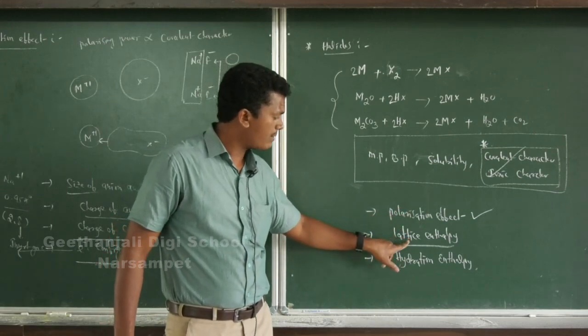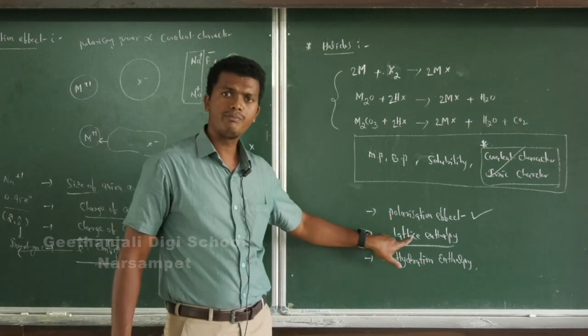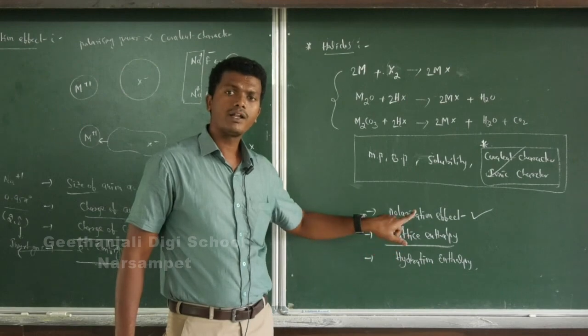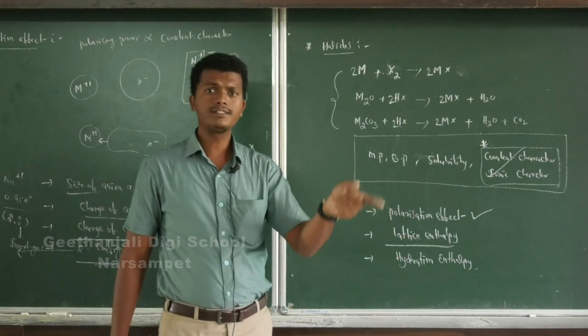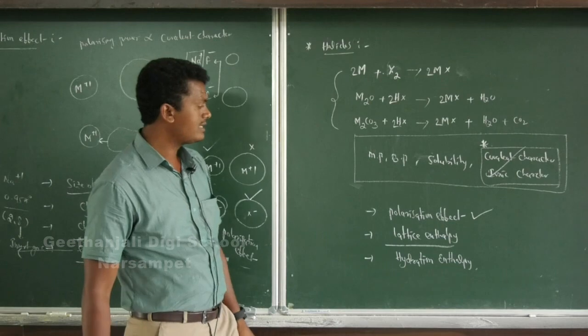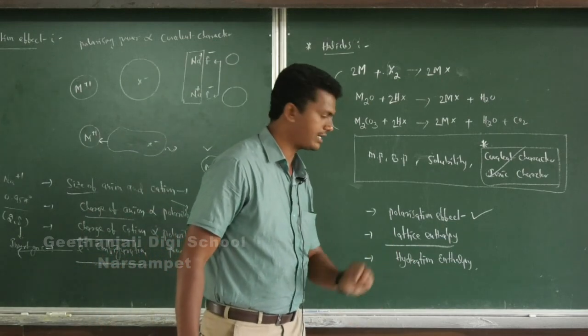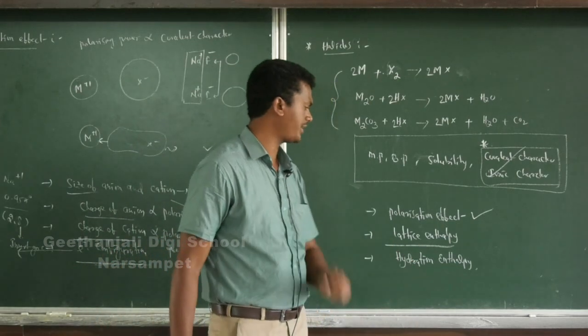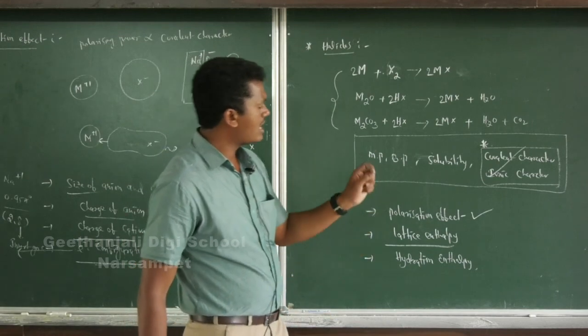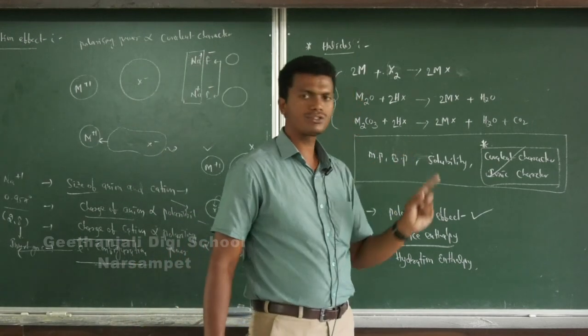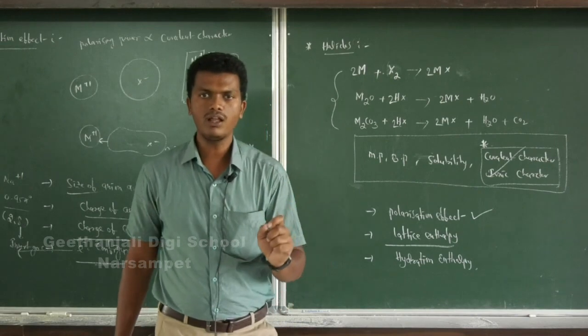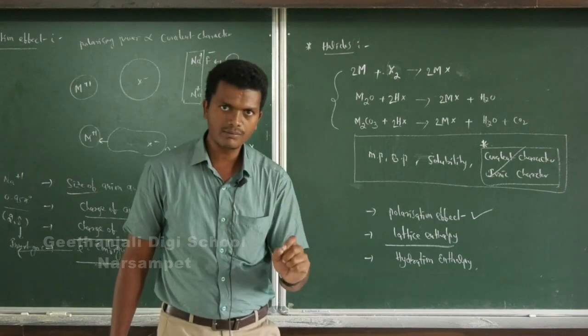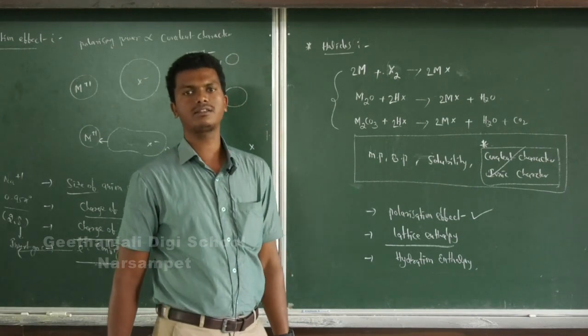The amount of energy required to break down 1 mole of ionic compound into its gaseous constituent ions is called lattice enthalpy, or we can say the amount of energy released when 1 mole of ionic compound is formed from its gaseous constituent ions.